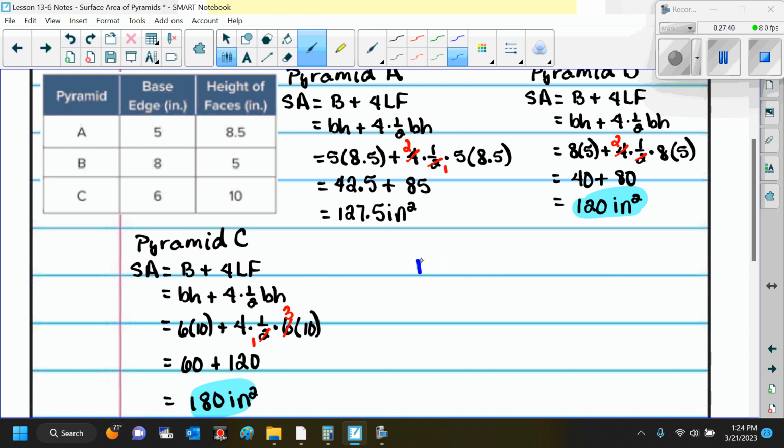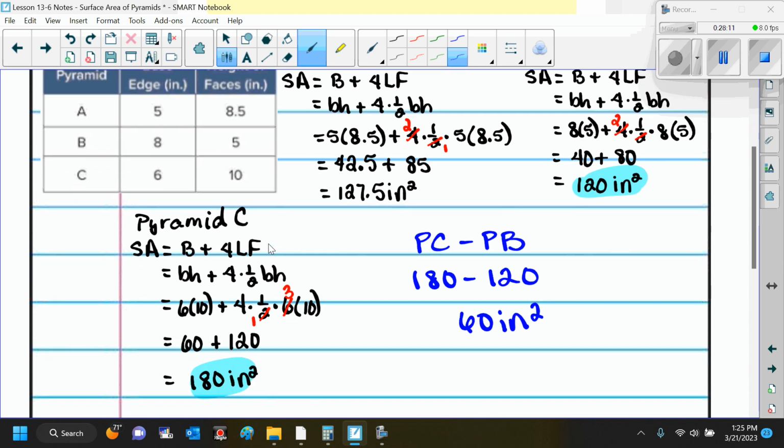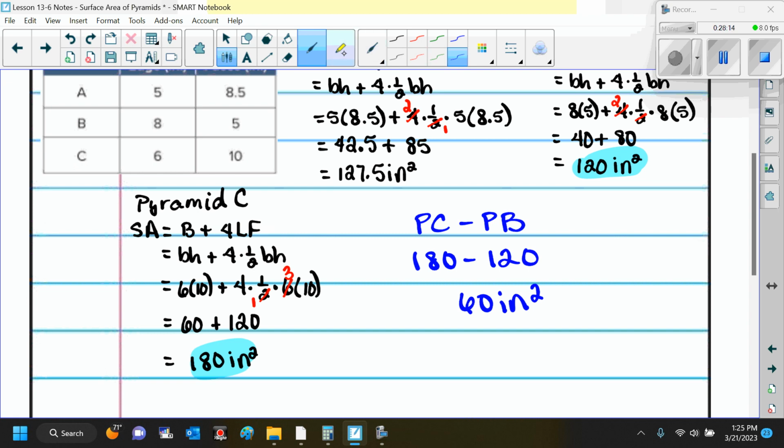We subtract pyramid C minus pyramid B. The greatest minus the smallest. So that's 180 minus 120. So that's going to give us 60 inches squared. So the question was, how much more surface area does the greatest pyramid have than the smallest pyramid? And there's our answer. 60 inches squared more. Okay.